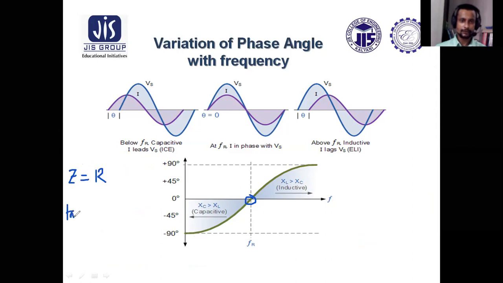So tan phi at resonance equals XL minus XC by R, which is equal to 0, as XL equals XC. So phi is 0 degree at resonance. Again, after resonance, as frequency increases, the circuit becomes inductive and the phase angle will be positive, as XL becomes more. So this is how phase angle varies with frequency.